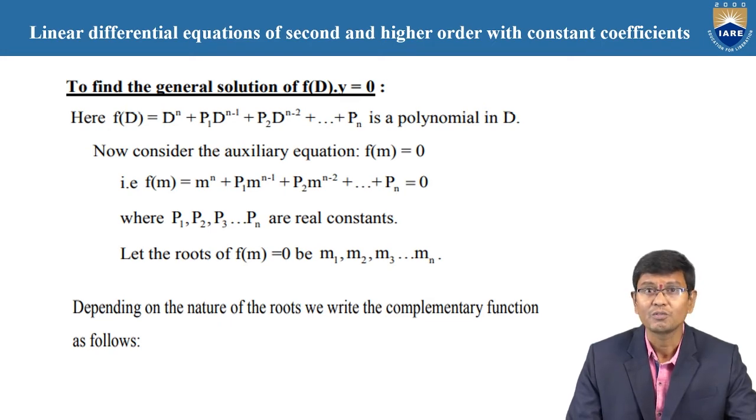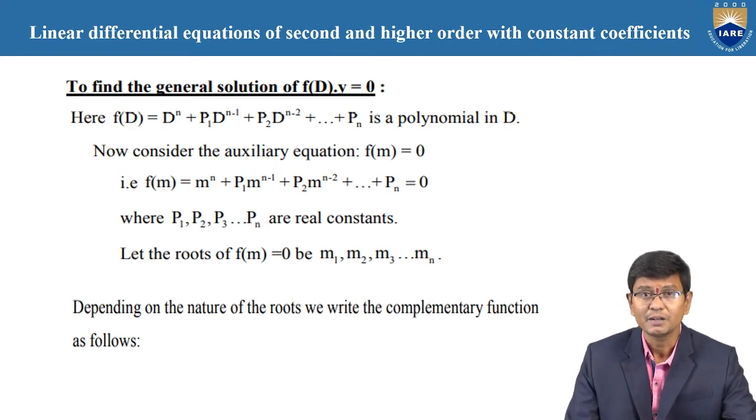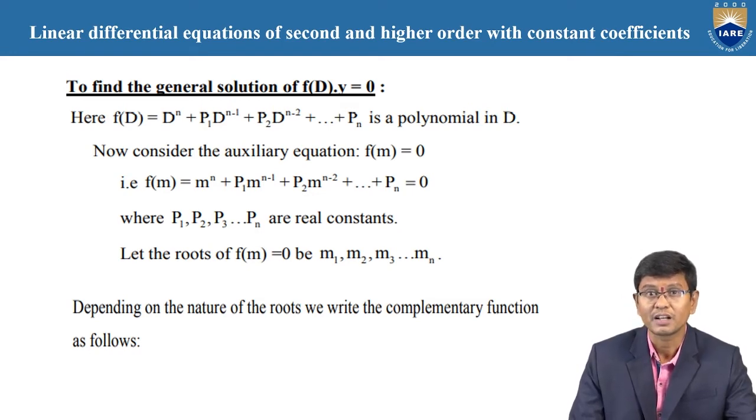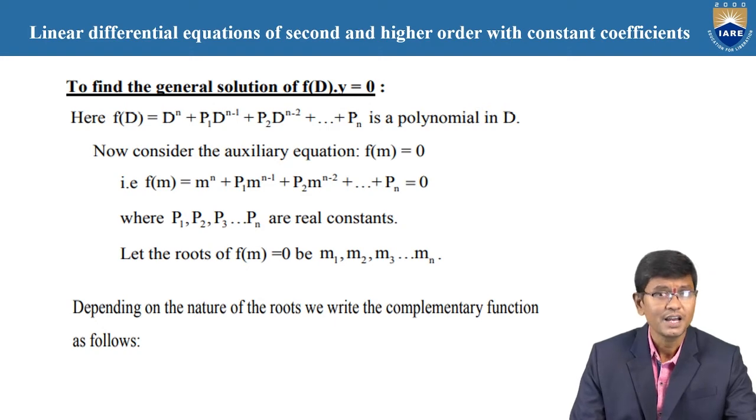Now we need to find the roots of the equation f(m) = 0. By solving it, depending upon the order n, we obtain n roots, say m1, m2, and so on up to mn.